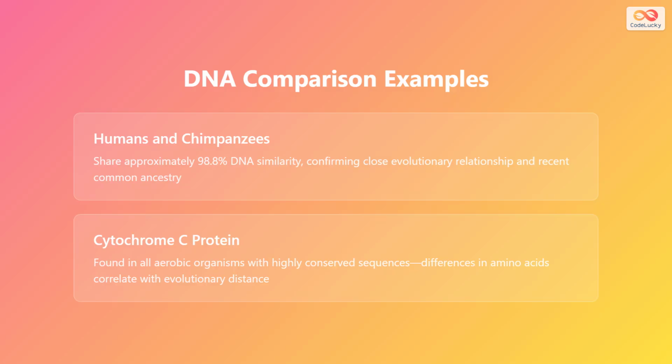Another powerful example comes from studying a protein called cytochrome C, which is found in virtually all organisms that use oxygen. This protein performs the same essential function across all aerobic life, but the exact sequence of amino acids varies slightly between species. The number of differences in cytochrome C sequences correlates directly with evolutionary distance. Closely related species have nearly identical sequences, while distantly related species show more differences.